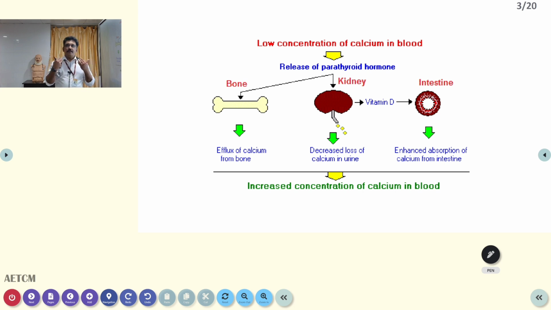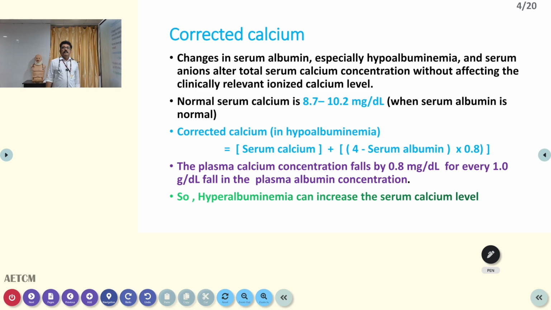The parathyroid gland is situated just above the thyroid gland. Now, whenever we see a patient's calcium, we need to correct the calcium level according to the albumin. Corrected calcium is mainly required in hypocalcemia rather than hypercalcemia, whenever there is hypoalbuminemia.